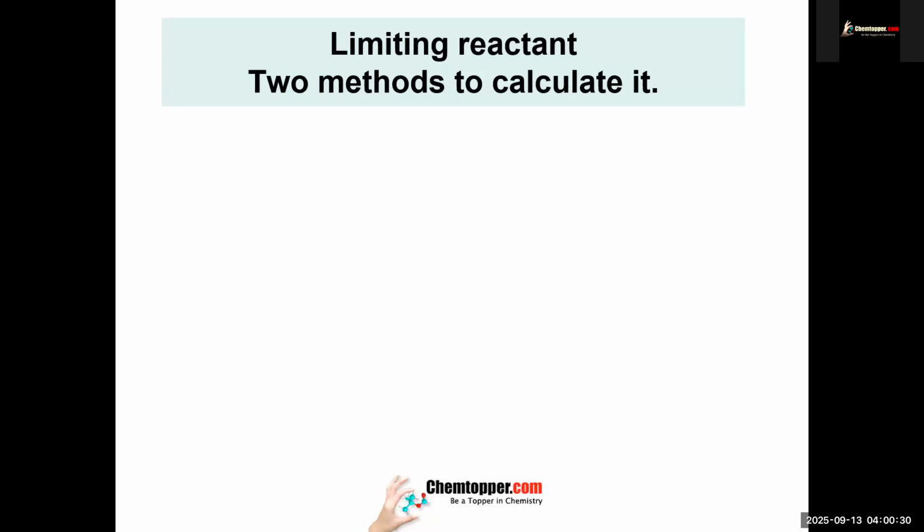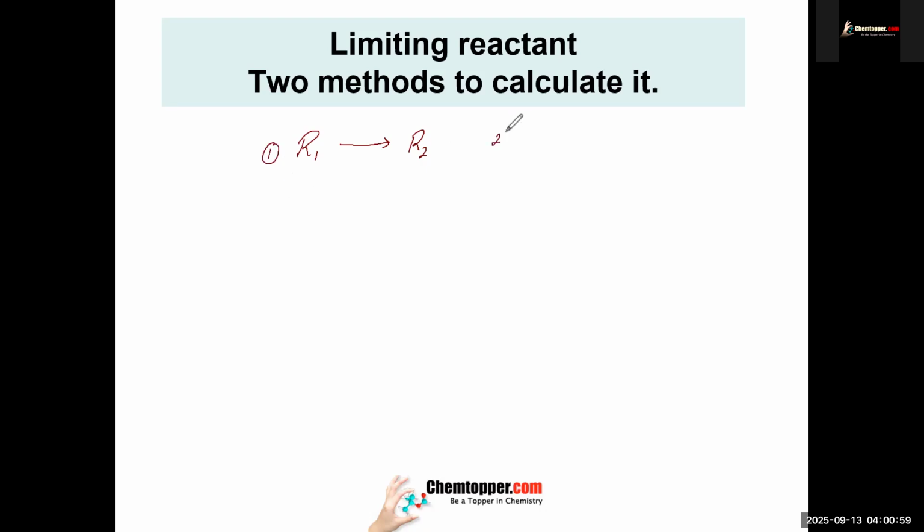Oh, okay. So there are two ways of calculating the limiting reactants. So I'm giving you a brief idea again. Reactant 1 to reactant 2. Check how much is given, how much is needed, and based on that, identify. This is one method.